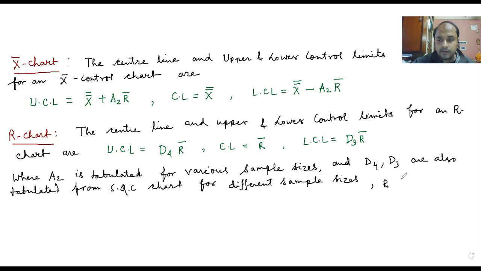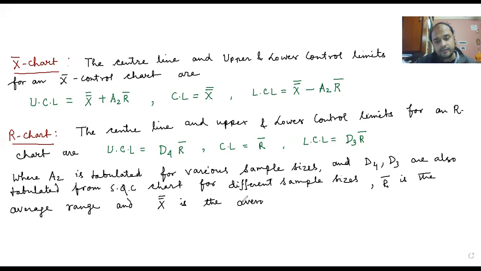R bar is the average range and X bar is the average of averages.